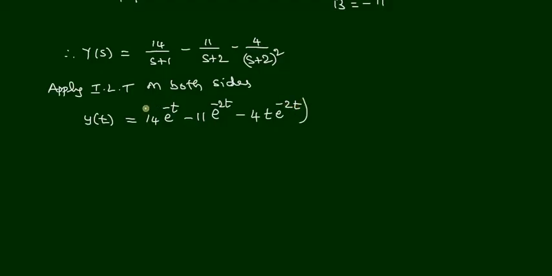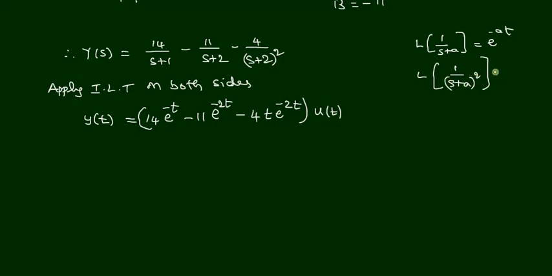These all signals represent right-sided sequences, causal signals, so we multiply with u(t). So the inverse Laplace transform of 1 by (s + a) is e^(-at), and similarly of 1 by (s + a)² is t into e^(-at).